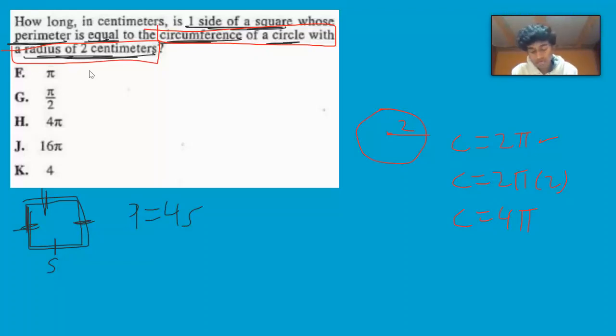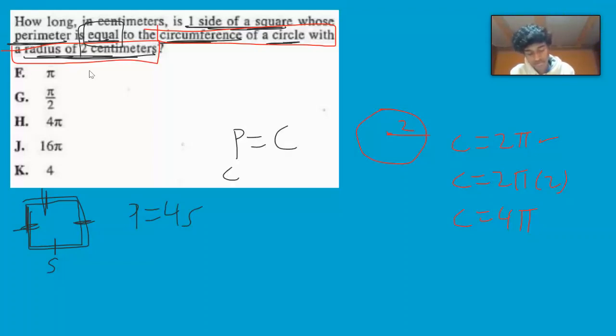We want to know how long one side of a square is whose perimeter is equal to the circumference. So the perimeter is equal to the circumference.